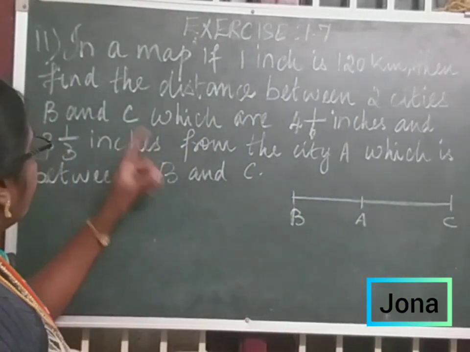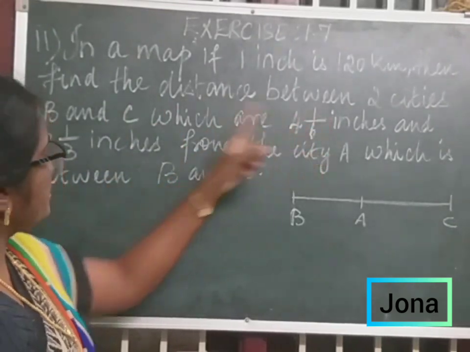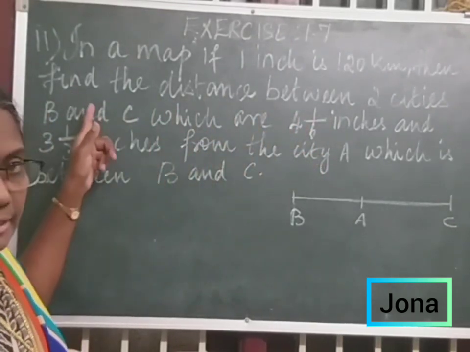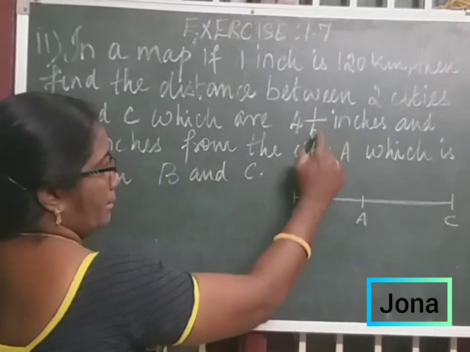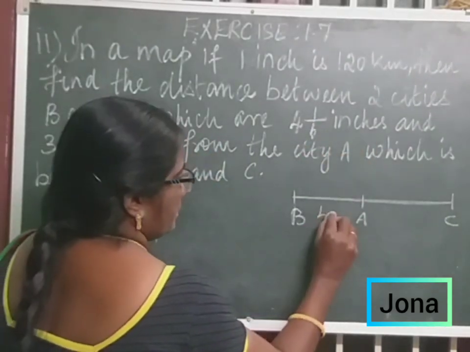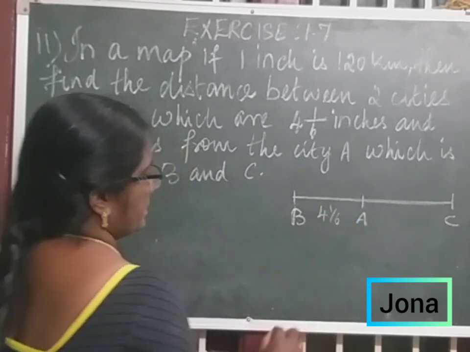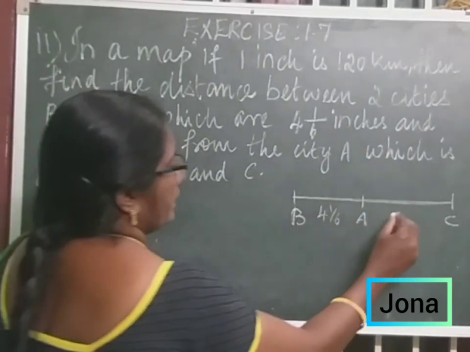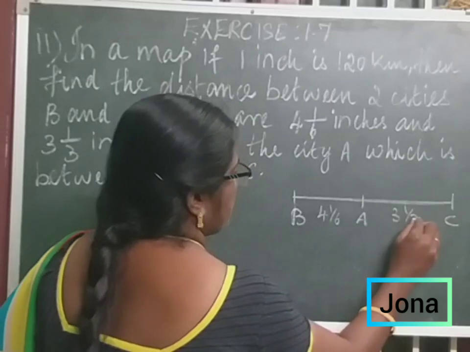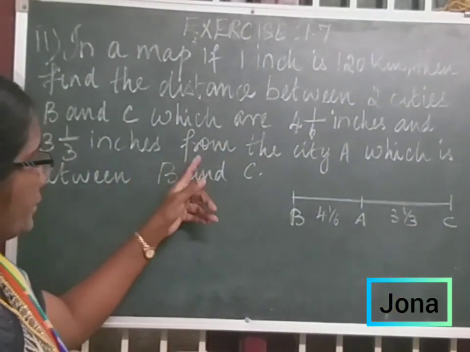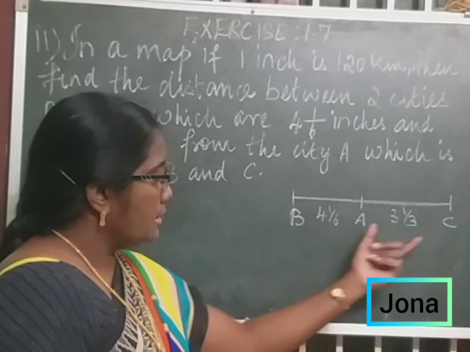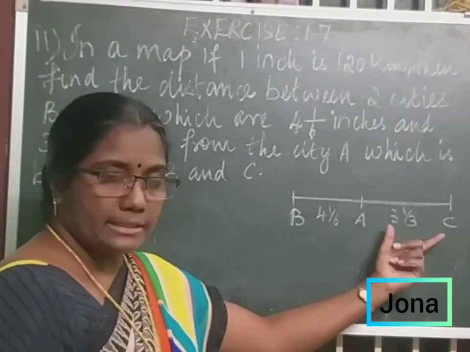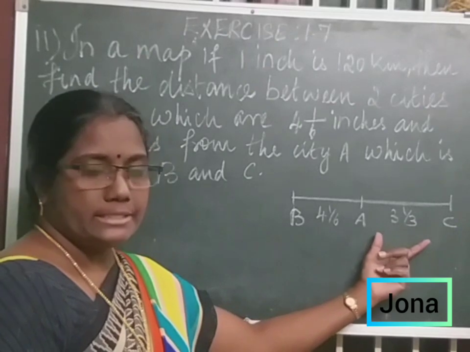Okay, and then the distance between two cities we want to find here, B and C, which are 4 1/6 inches and 3 1/3 inches from the city A. From city A the distance is this one, and from city A to C the distance is 3 1/3 inches.